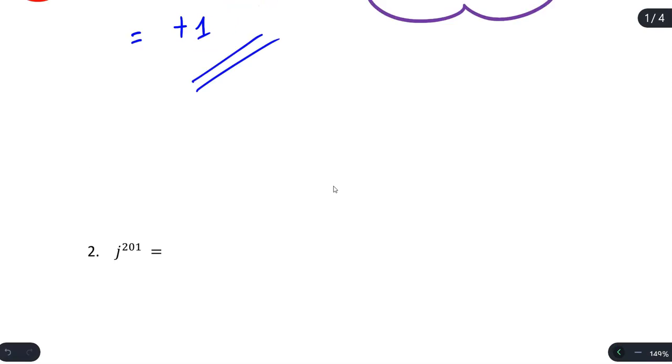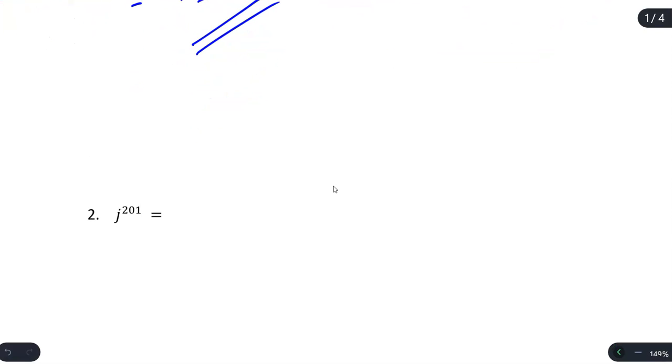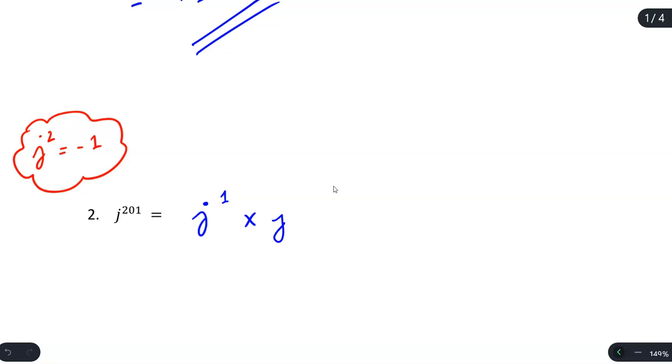So if I base on the definition of j squared equal to -1, then what I'm going to do is break this into j to the exponent 1, and I multiply that with j to the exponent of 200.